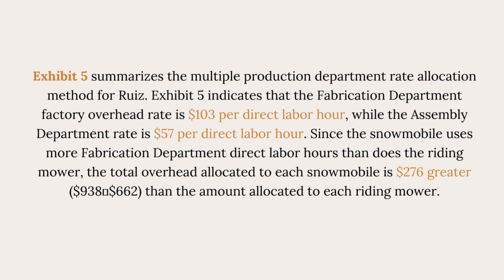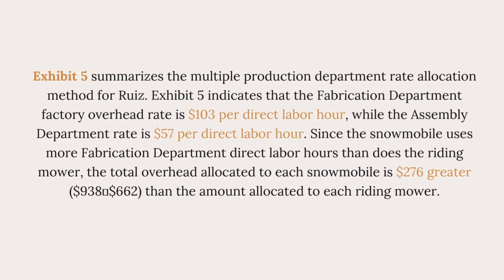So we simply deducted $938 with $662 right under riding mower. So it is $276 greater.